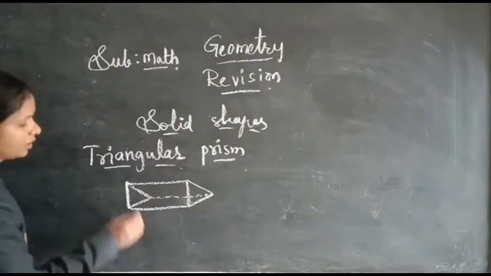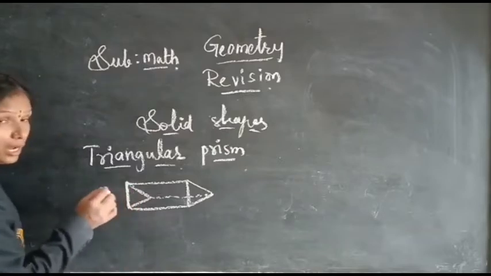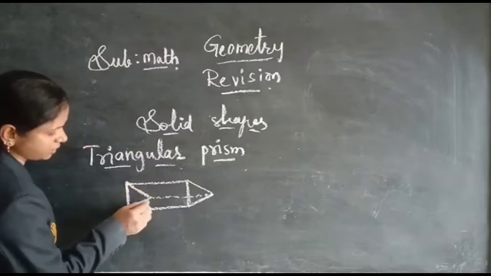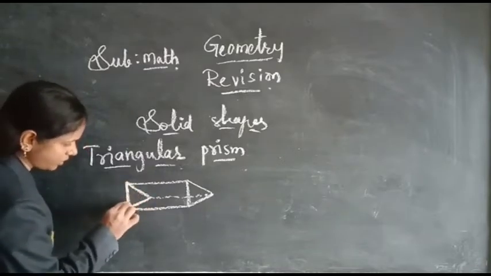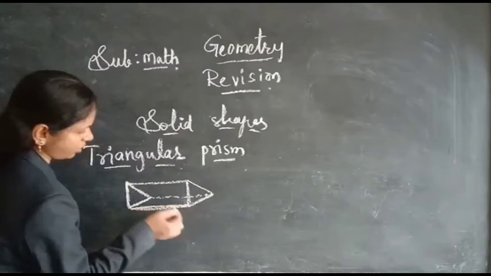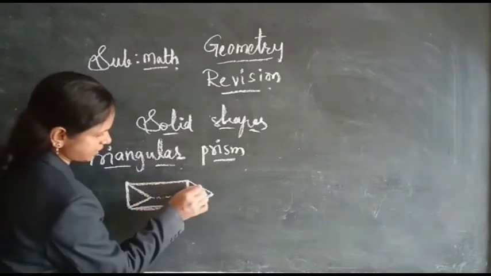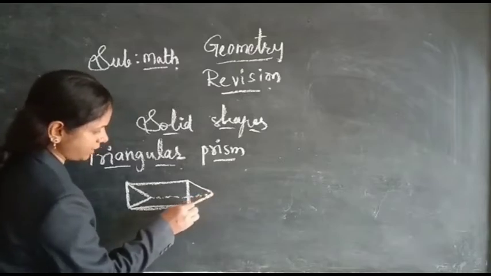Now you see here, how many edges does this have? First 1, 2, 3, 4, 5, 6, 7, 8.